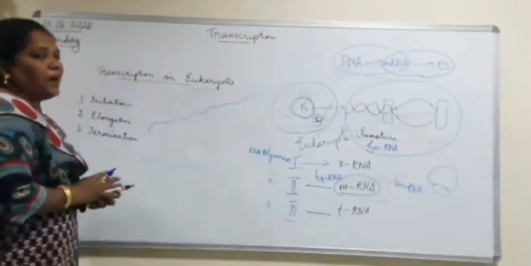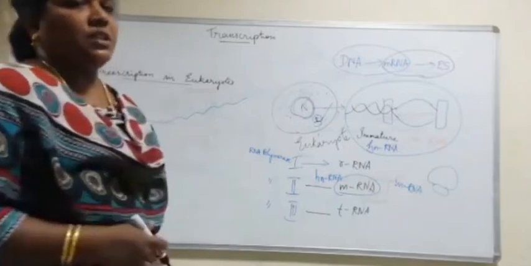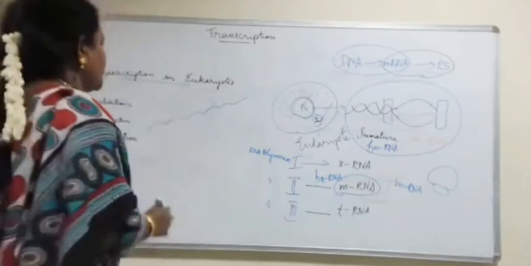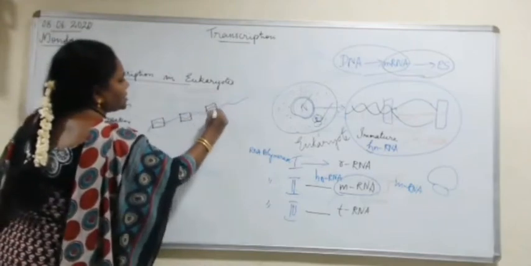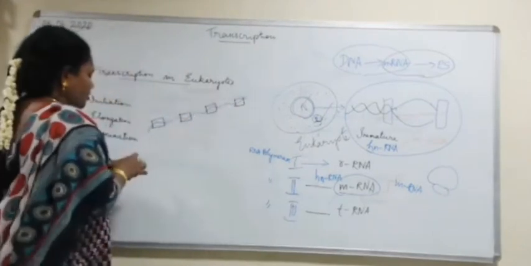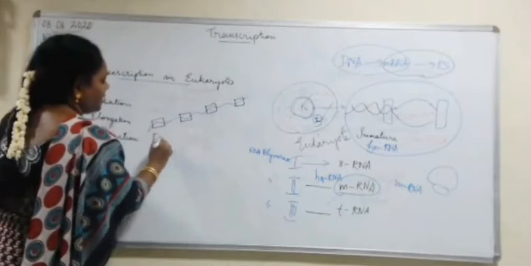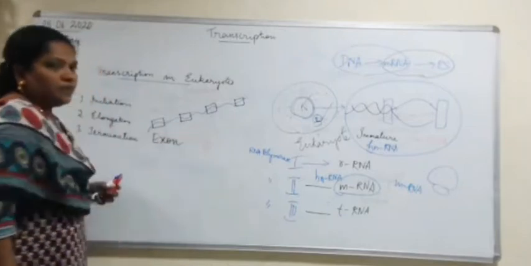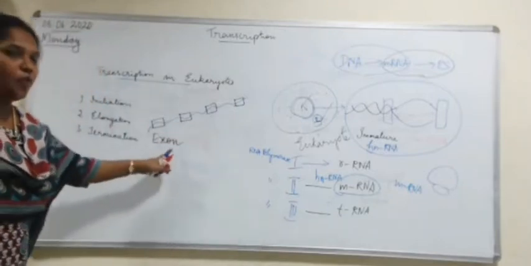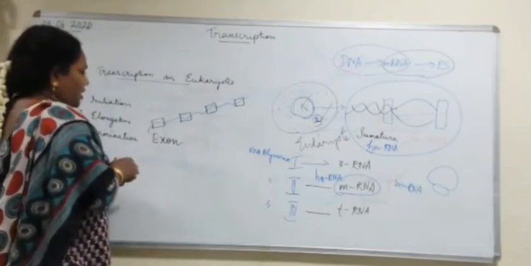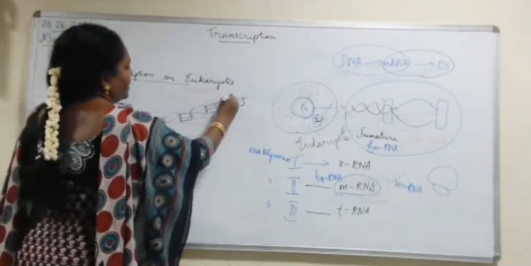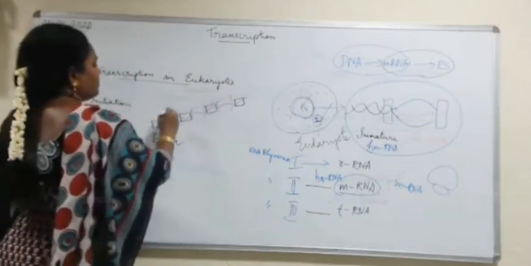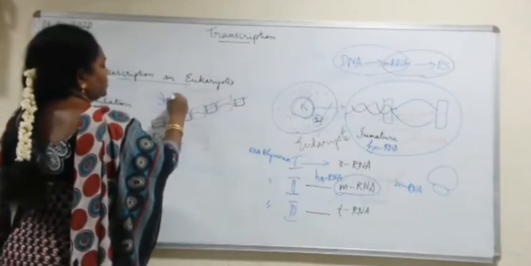Now I'm drawing it like this. Here in this mRNA, you have 2 regions. One is exon, the other one is intron. You have exons like this. What do you call this? Exon, E-X-O-N. And here, the red color I'm drawing will be introns.